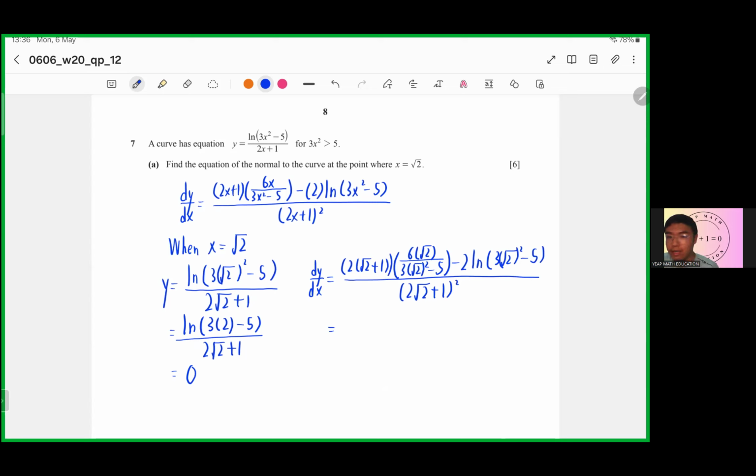Now we can use the calculator to solve this question. 2 times 2 plus 1, and then 6 times 2 over 3 bracket 2 squared minus 1, and then minus 2 ln.